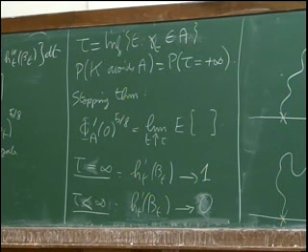So the conclusion is that if you look at SLE for kappa equal to 8/3, then the probability that gamma avoids A is just given in terms of the derivative of phi A at 0. So what you get is this.